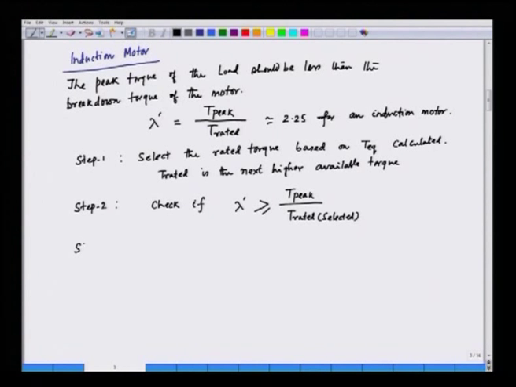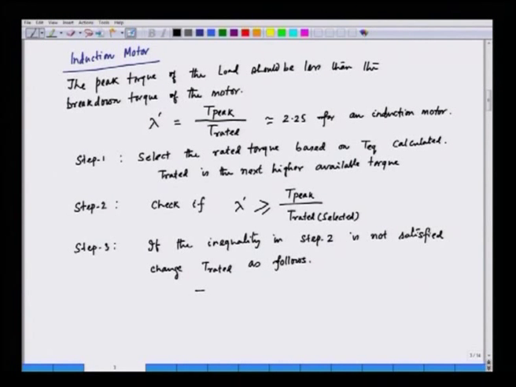Step 3. If the inequality in step 2 is not satisfied, change T rated as follows.